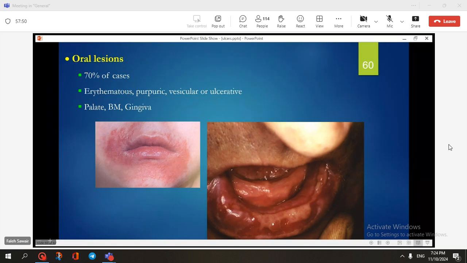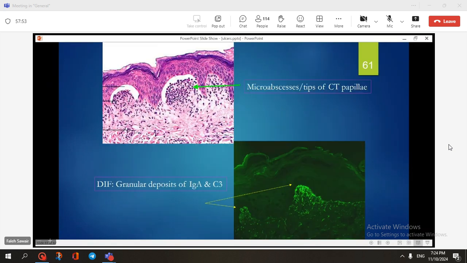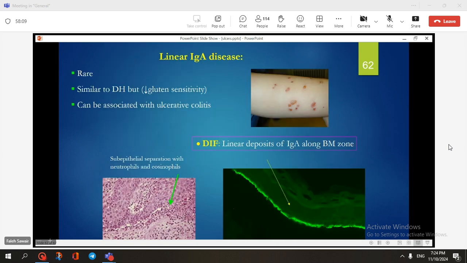Oral lesions are non-specific in 70% of the cases, and they are a result of deposition of IgG and C3 at the tip of the connective tissue papillae in dermatitis herpetiformis. So to confirm the diagnosis, you need direct immunofluorescence. Linear IgA disease is similar to dermatitis herpetiformis, but here the deposition is by IgA at the basement membrane zone, and it is not associated with gluten hypersensitivity.